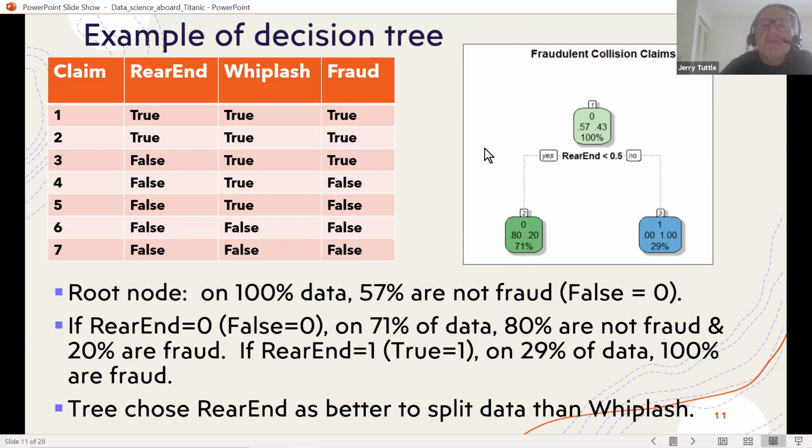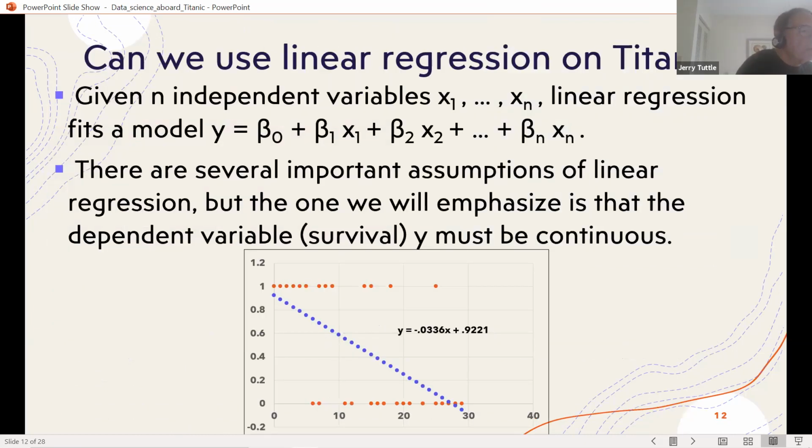So now for any observation, we can run it through this model, and this gives you a prediction of whether that particular combination is or is not fraudulent. And the interesting thing is that the tree chose rear end as the better way to split the data than whiplash. It could have chosen whiplash, but that would have gotten you a less homogeneous result.